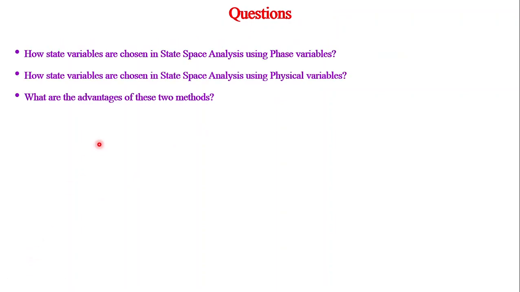Before moving on to the canonical variables state space representation, first of all I want to put some questions to the learners. How are state variables chosen in state space analysis using phase variables? In the last two lectures, lecture 27 and 28, we have seen how to obtain the state space representation using phase variables.